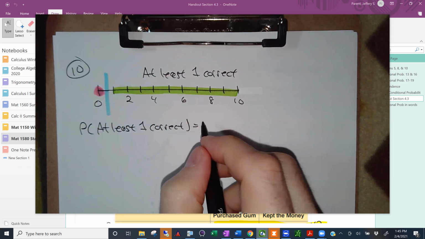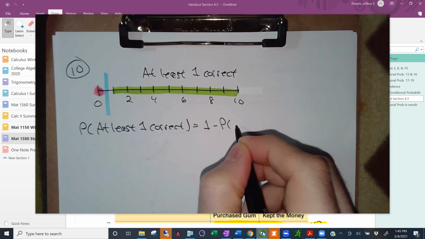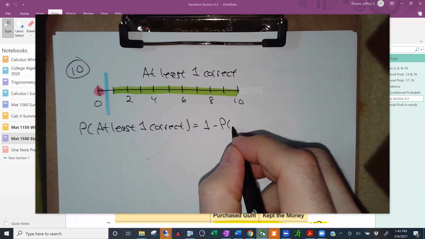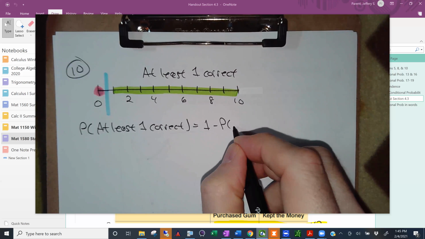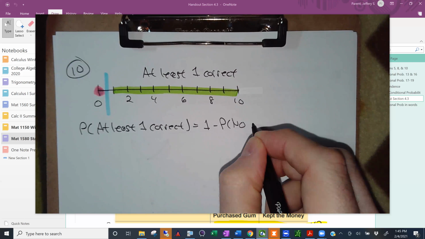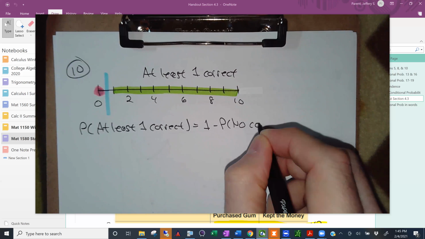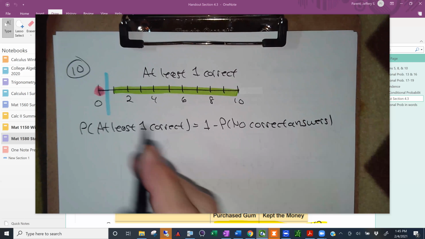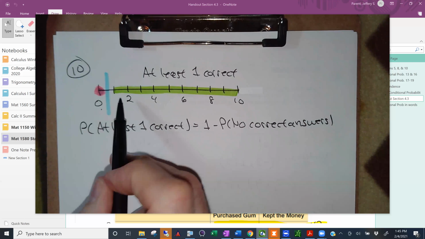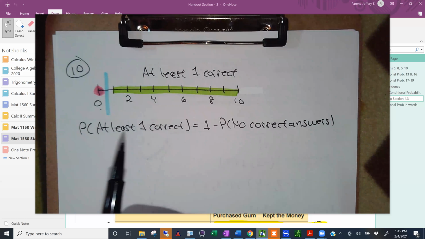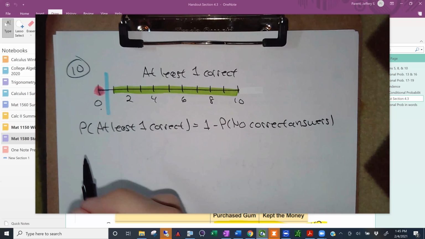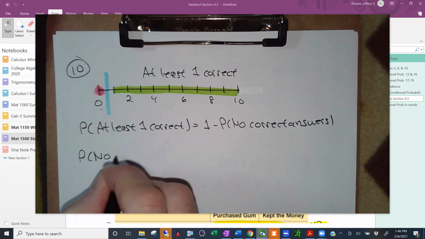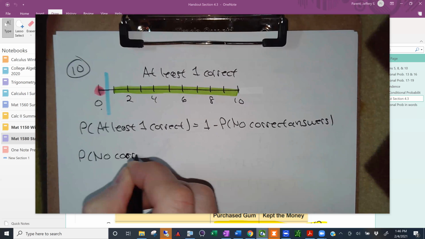So 1 minus the probability of, how would you describe it? Yeah, no correct answers, or none. And the advantage is there's only one probability to calculate here, whereas over here, there'd be 10 probabilities to calculate. So probability of no correct answers.